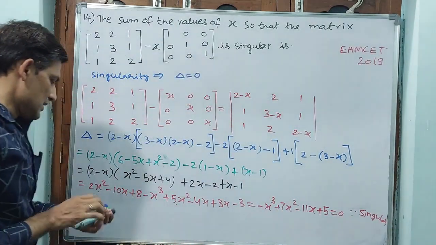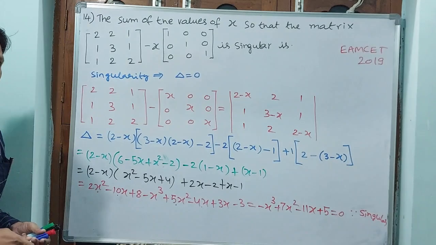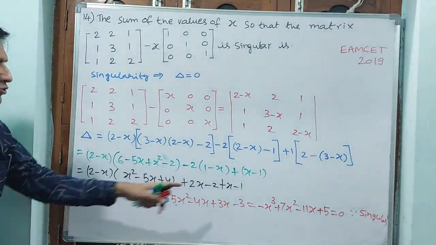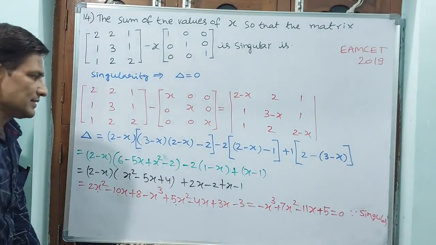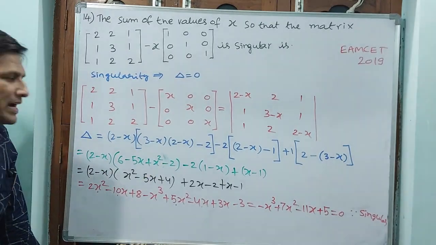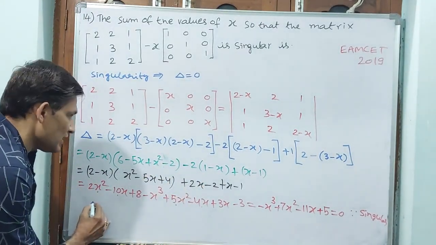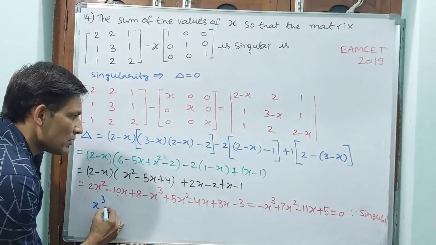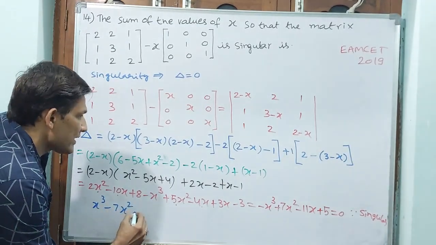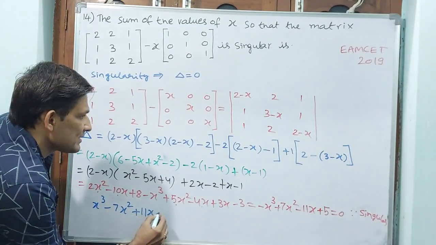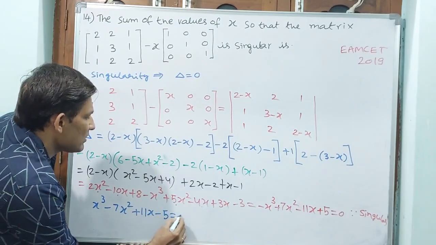Okay, write down. Now what will be the final equation? Shall I multiply with minus 1? Why? Because x cube I want to take as plus. If I multiply with minus 1 both sides, the equation is going to become like this. You see, x cube minus 7x square plus 11x minus 5 equal to 0.